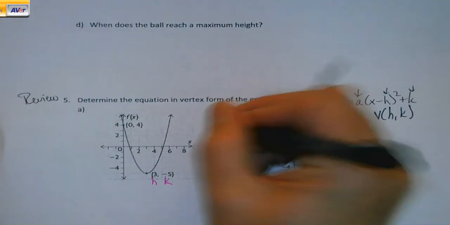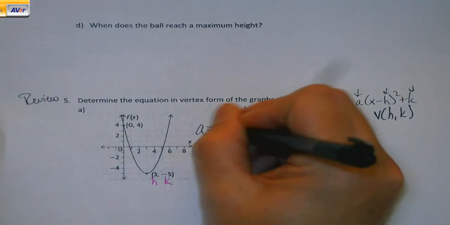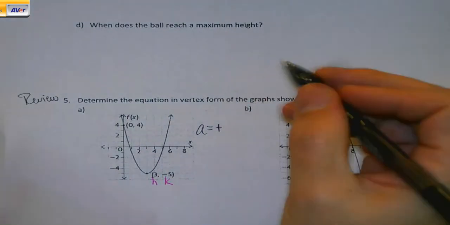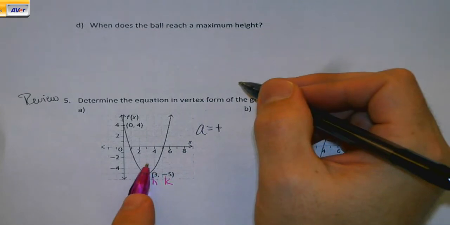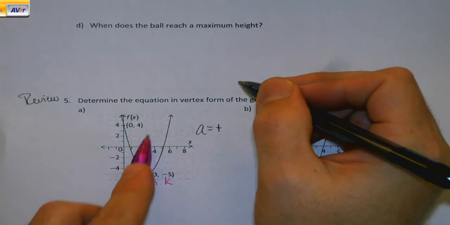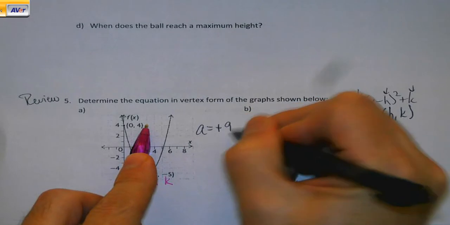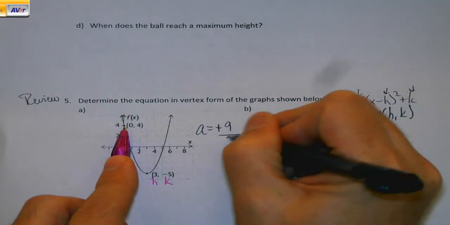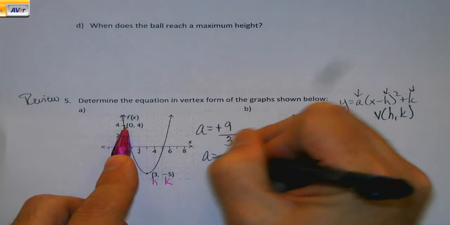So my A, I know a couple of things. First, I know it's positive. I'm opening up. If it opens down, I know it's automatically negative. So slope is rise 1, 2, 3, 4, 5, 6, 7, 8, 9 over 1, 2, 3. And if I can reduce it, I should.